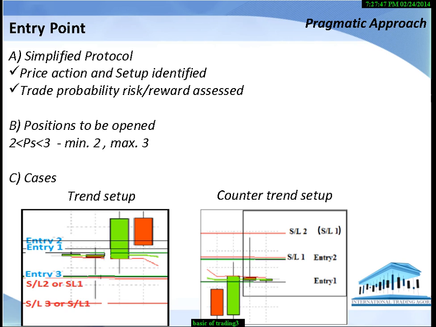In the trend setup we possibly enter 3 times, so 3 equally small trades. One could be at the retracement, 50 or 40% Fibonacci of the pin bar, and the other one, the standard one, would be at the break of the nose, and the other one a bit below the first one.